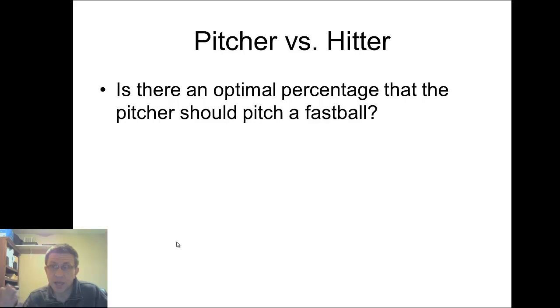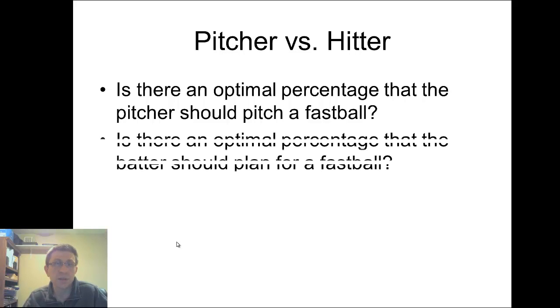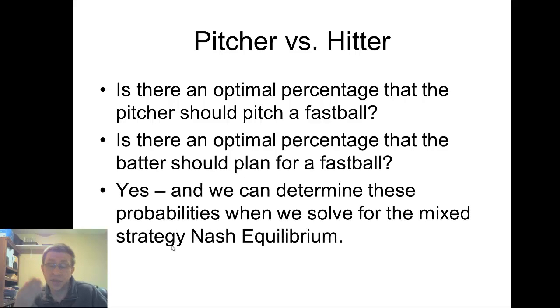A lot of the analytic work leads to finding out what exactly is this optimal percentage that the pitcher should pitch a fastball or the hitter should plan for the fastball. Is there an optimal percentage? It is absolutely yes.